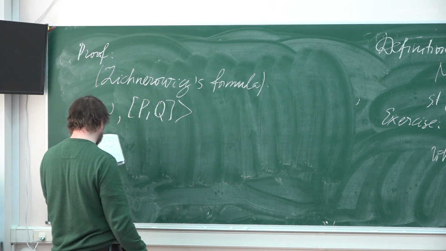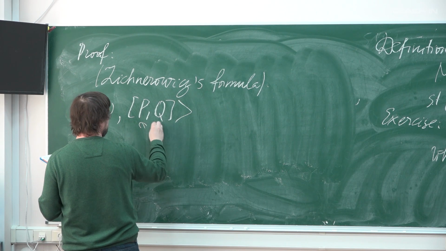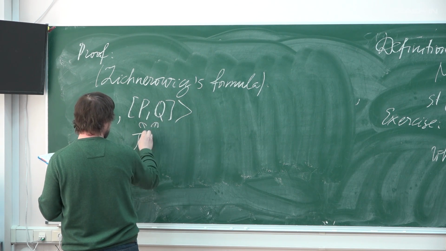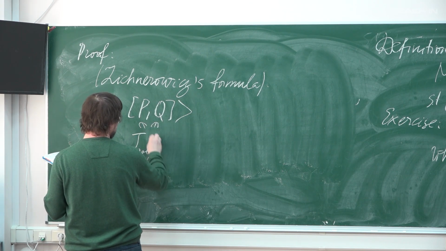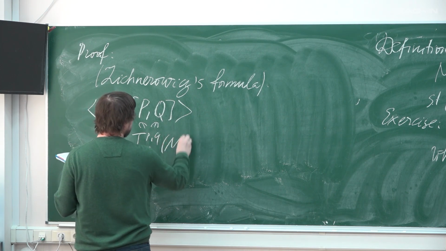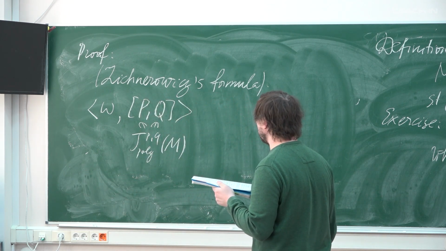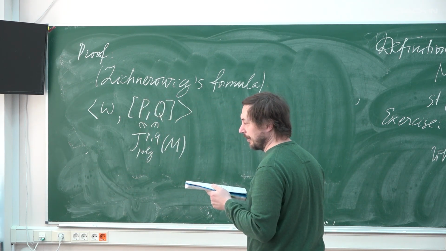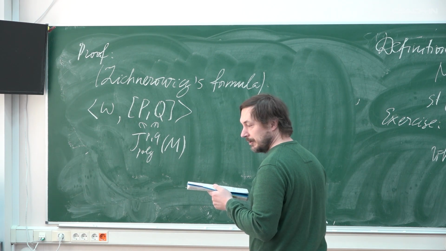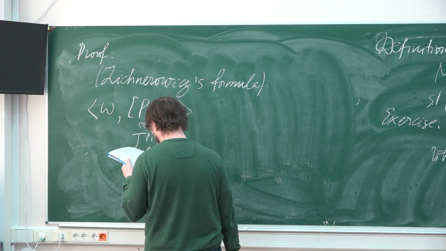So P and Q are polyvector fields, of degrees p and q on M. And now the Lichnerowicz formula identifies the Schouten bracket of P and Q in terms of natural operations that you have on differential forms.